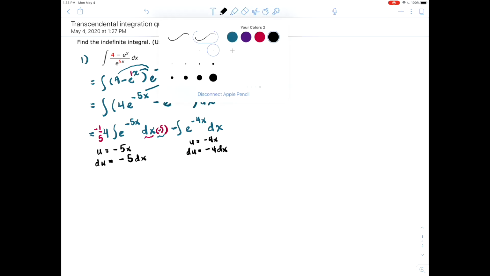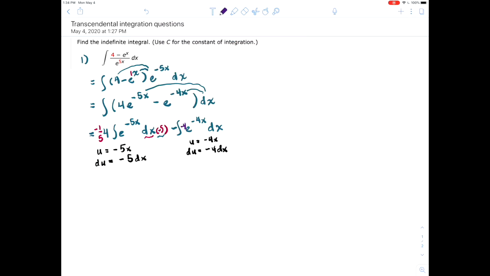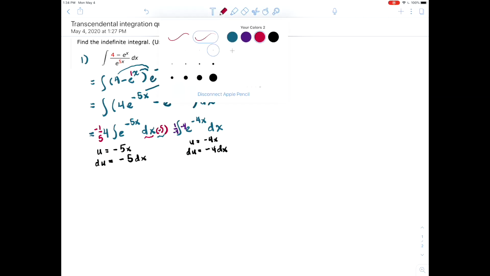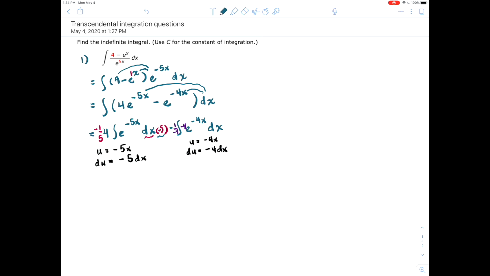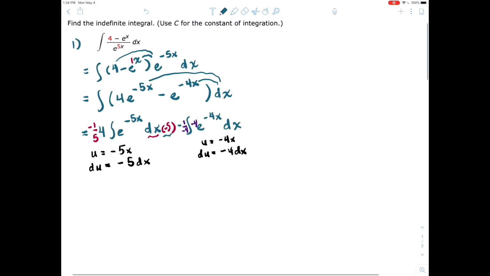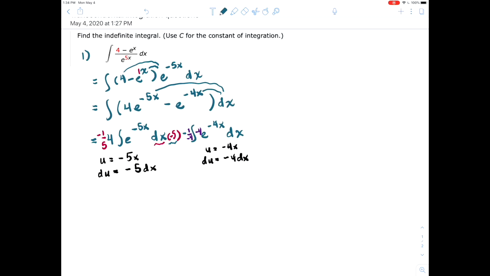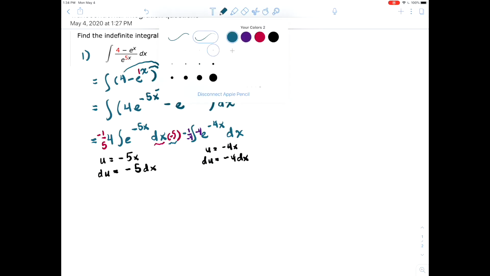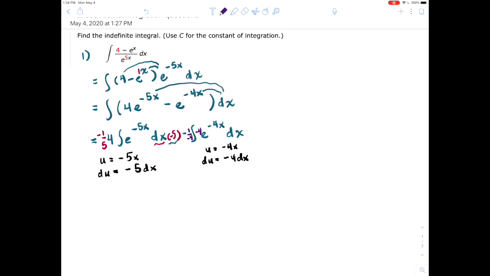So if we multiply by negative 4 on the inside, we're going to need, again, I'll move that minus over, to have a 1 over negative 4 to balance it out on the outside of the integral. And then we still have this being subtracted. Good so far? Okay. And that of course will give us here our negative 4 dx, which ends up being du.